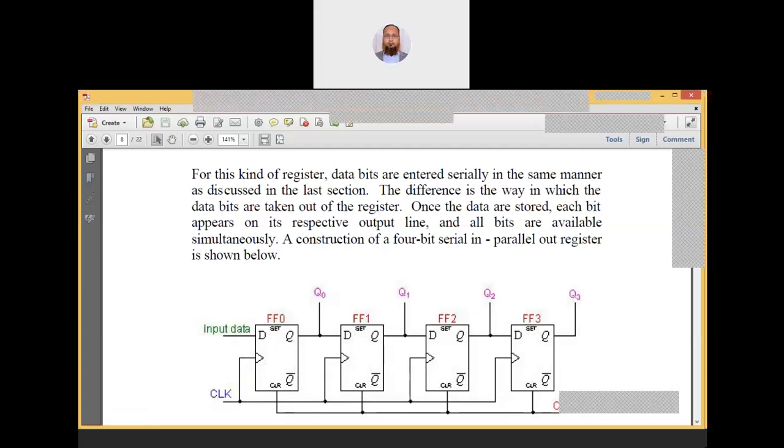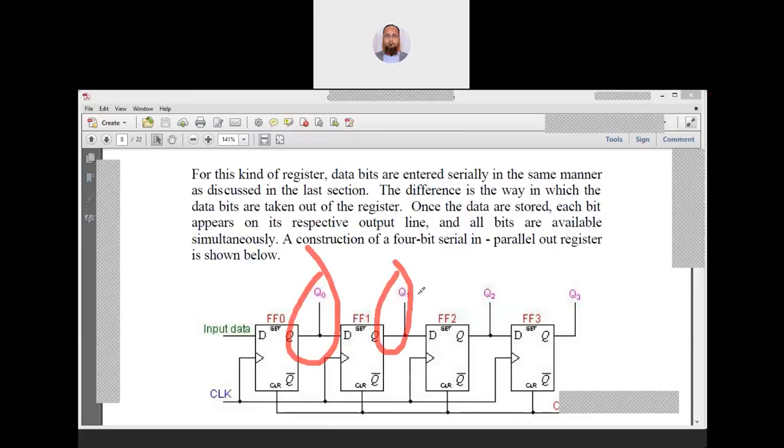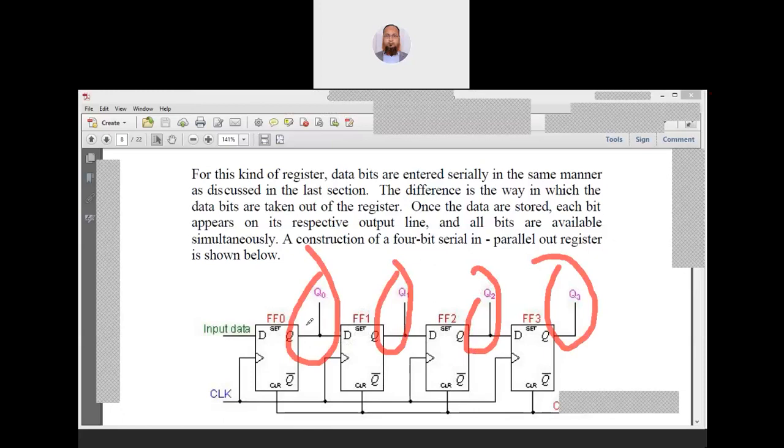We can use this available data anywhere we want; we can directly connect it. But in the previous case, serial in, serial out, we were not taking data like this. Rather, the data was moving from left to right, one bit at a time, so we cannot take data outside directly. So this is the second type of shift register.